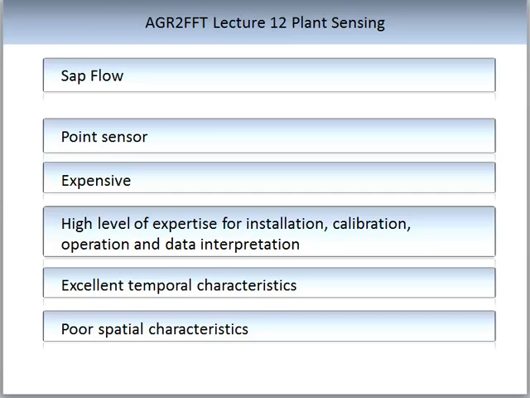Certainly, the uptake from a commercial perspective has been limited. That said, it is widely used in research, particularly when evaluating water components and irrigation scheduling components. It has excellent temporal characteristics, but as you can imagine, being a point sensor has poor spatial characteristics.